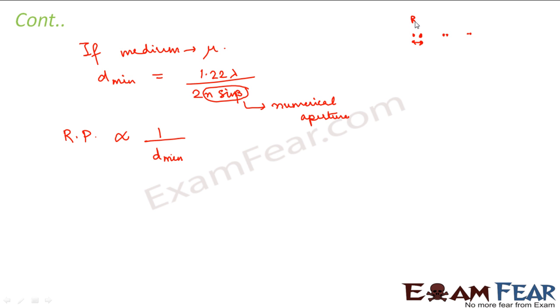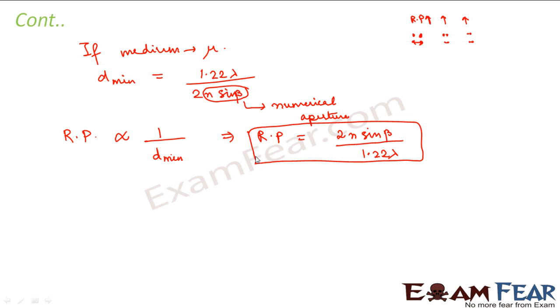So here if you see, the resolving power is increasing as the distance, that is D minimum, is decreasing. So that means resolving power is inversely proportional to the minimum distance of separation for the objects to get resolved. So therefore resolving power is equal to 2n sine beta divided by 1.22 lambda, where beta is the angle subtended by the object on the objective lens.